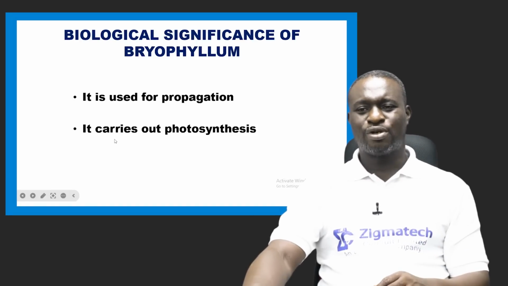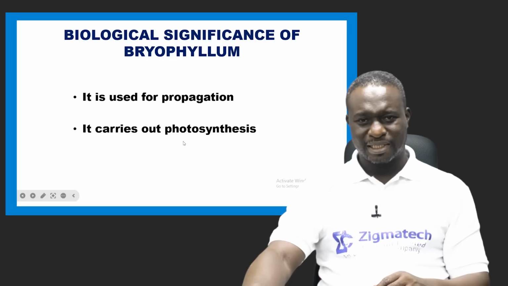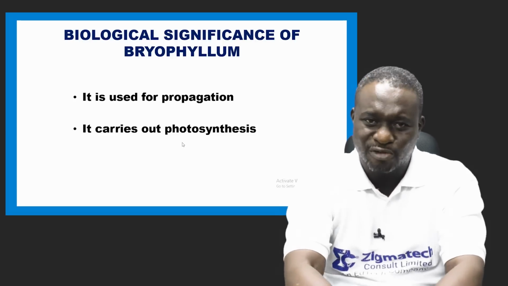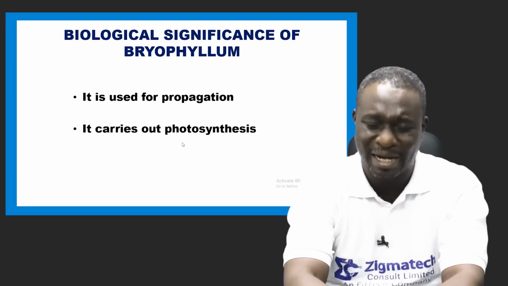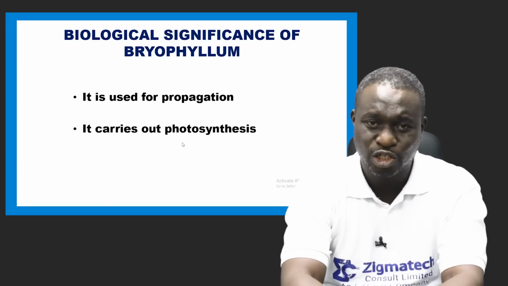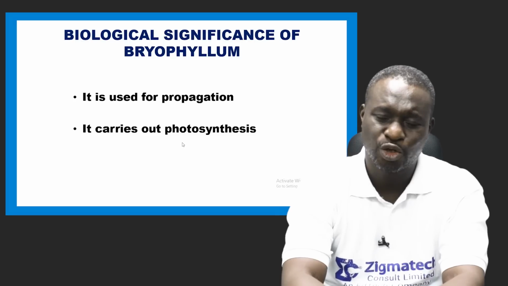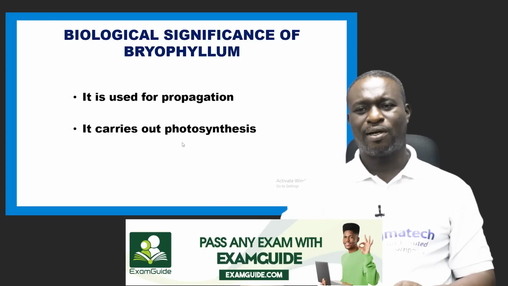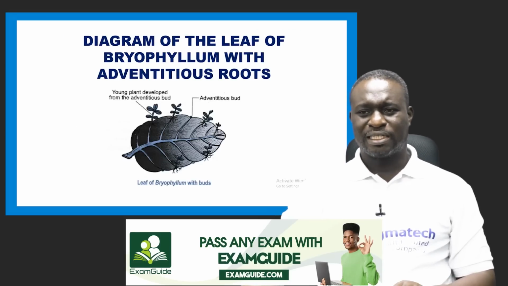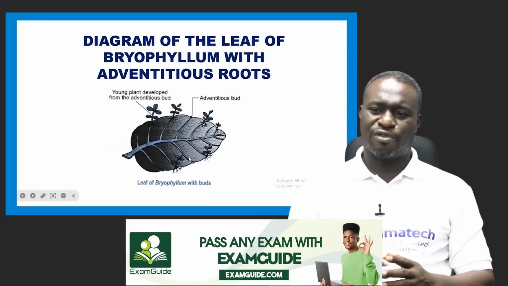Then number 2, it carries out photosynthesis. The reason why it carries out photosynthesis is because it is actually a green plant. So it possesses chlorophyll, it possesses chloroplast. So these are some of the biological significance of the bryophyllum. Now take a look at the structure of the bryophyllum.